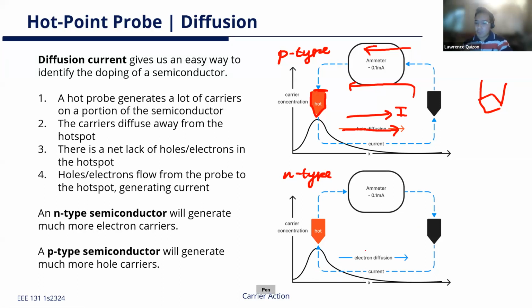Anyway, electron diffusion goes to the right, which means that the current is going this way, no? So to complete the loop, the current through the ammeter goes the other way, making this a positive current, no? And that's how you tell between an N-type semiconductor and a P-type semiconductor via the hot point probe experiment.